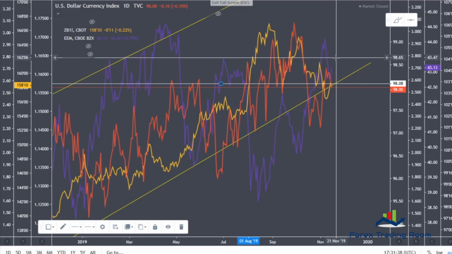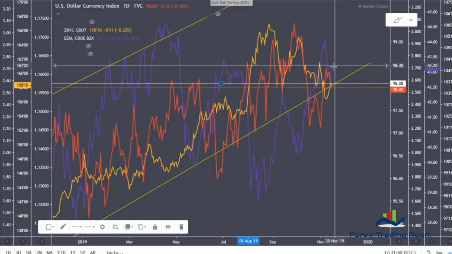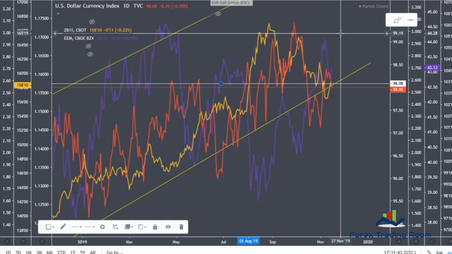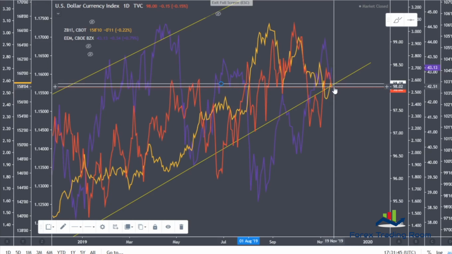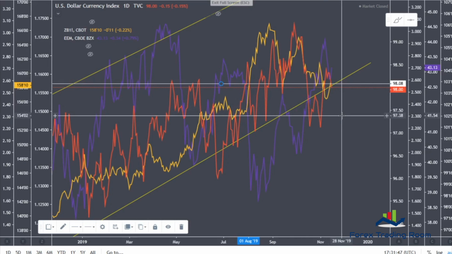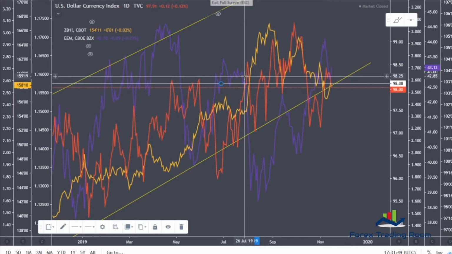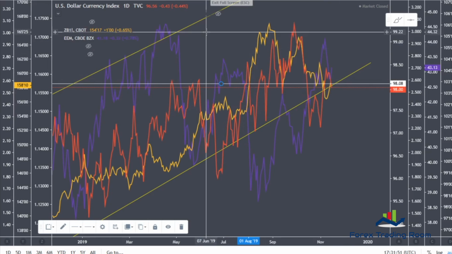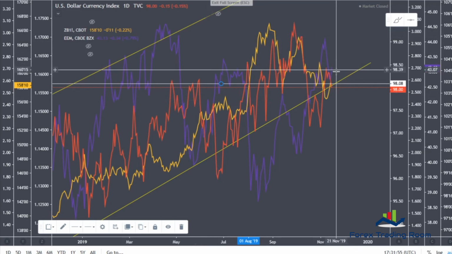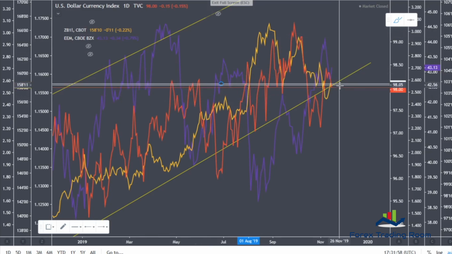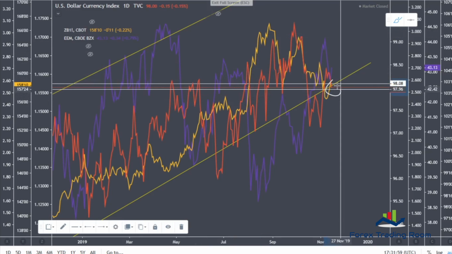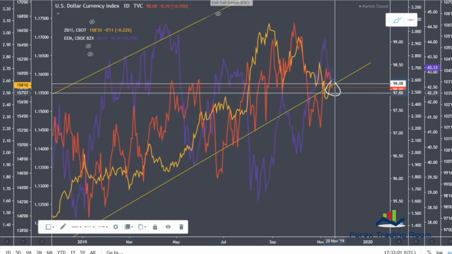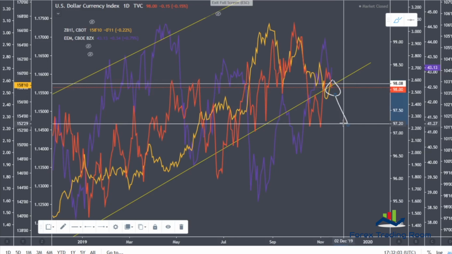You've got some minor ones like Poland, Turkey. But a break to the upside here, and if we keep an eye on the bond futures, a break to the downside, along with the weighted average on our dollar, this could be a significant area around here that we're waiting for clear direction.